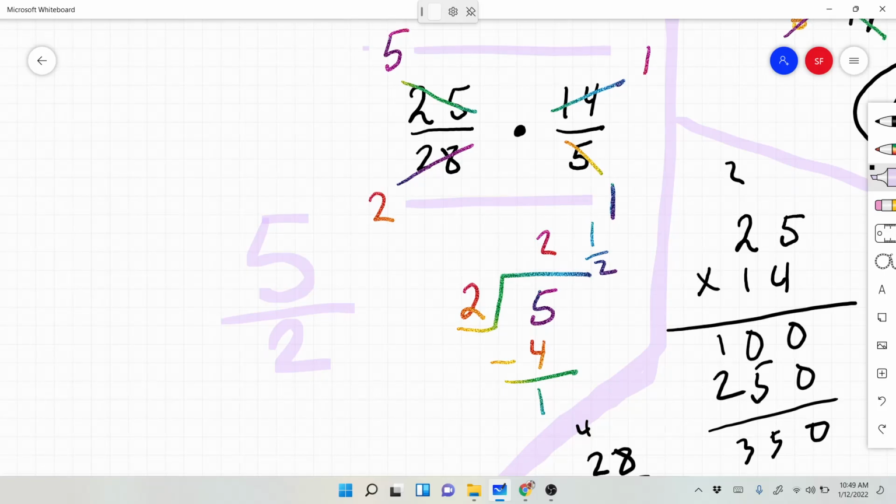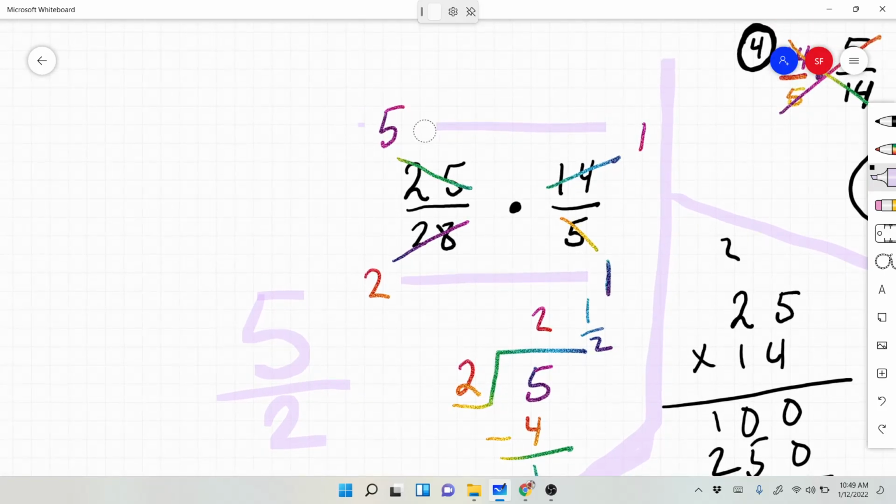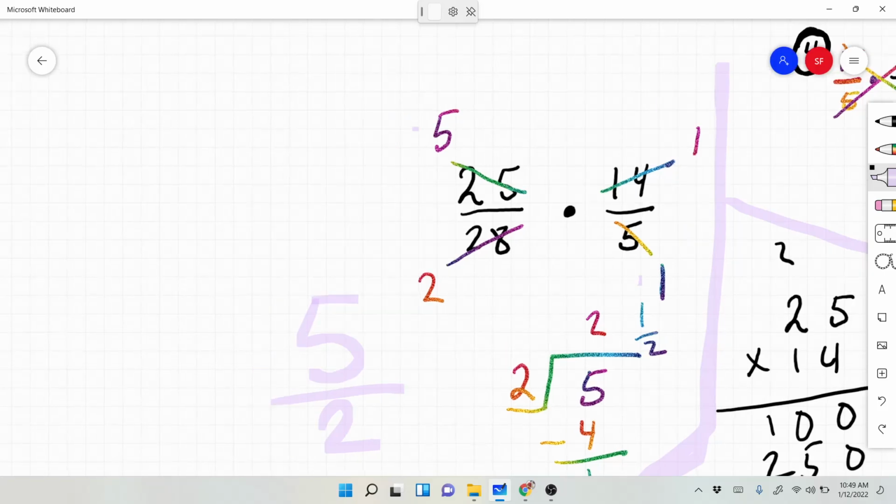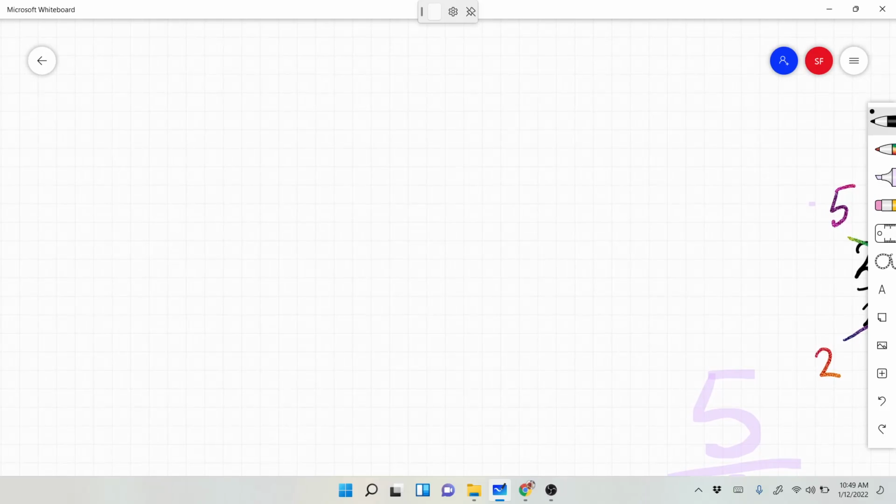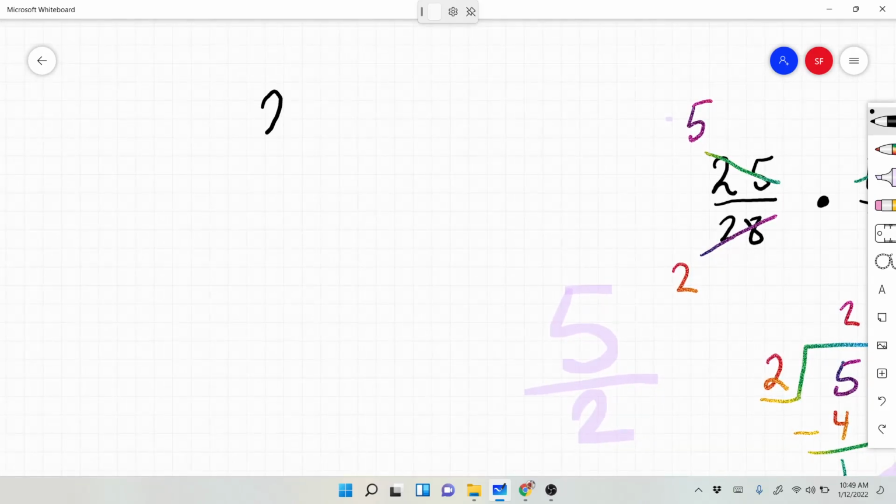No. Like, how would you know what to multiply 25 to? Okay, so that's what I was asking. Because you don't multiply 25. Remember, let me rewrite this, the pre-reduced one. So we've got 25 over 28.